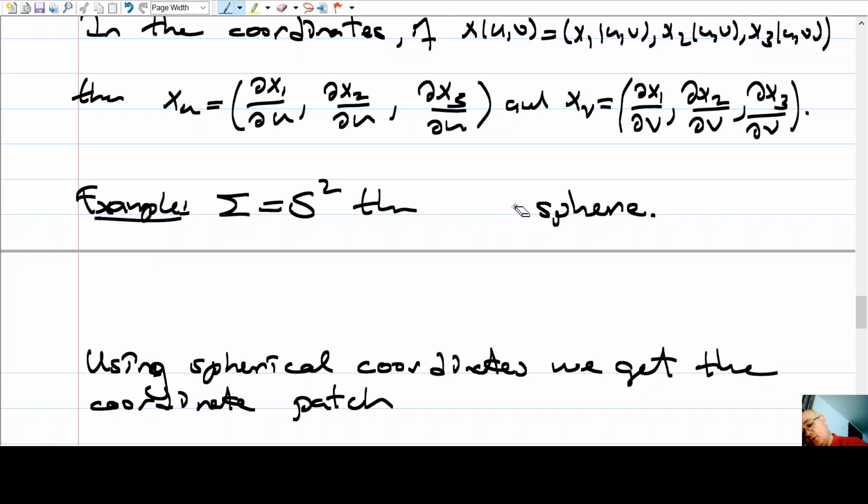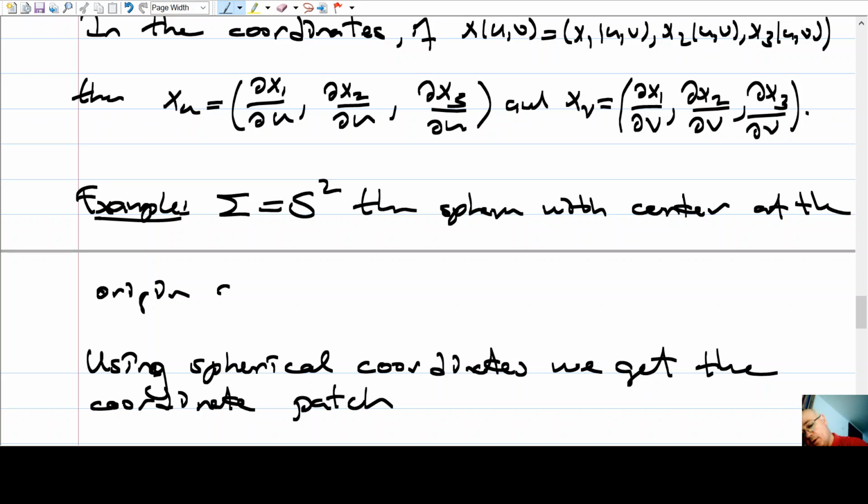I don't take the unit sphere, but the sphere with center at the origin and radius r.